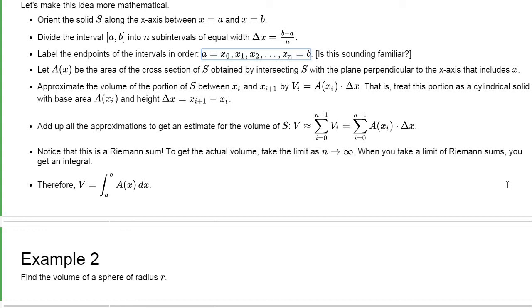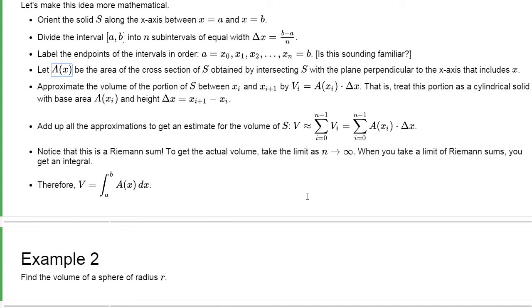Alright, so far same kind of setup we had with area under a curve. Now, we'll start doing some volume stuff. I'm going to define a function A of x to be the area of the cross-section of the solid obtained by taking a plane that's perpendicular to the x-axis and that goes through x. So you give me an x and I take a plane that is not parallel to the x-axis now.